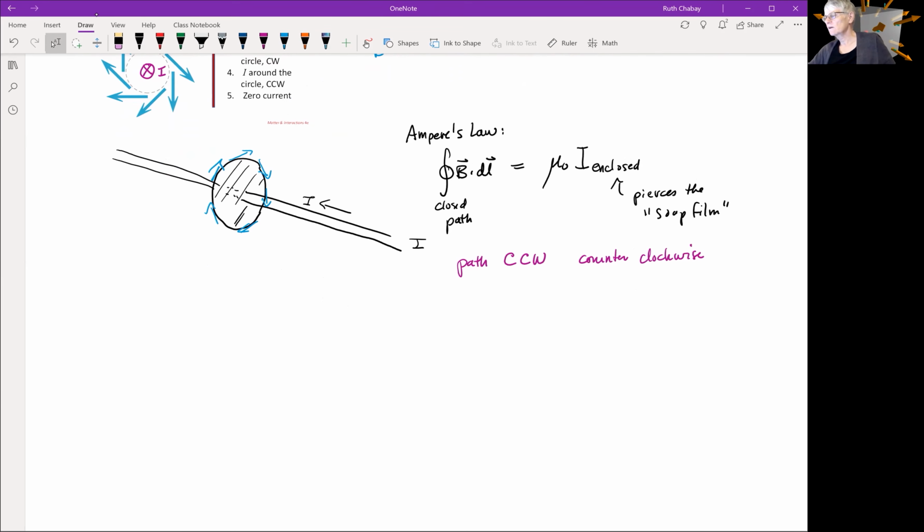So if we look down here along the direction of conventional current, and in this drawing we take our dLs going this way, if we take the path counterclockwise, then if the integral of B dot dl is greater than 0, so that means I is, oops, that was clockwise, sorry, counterclockwise. So we want to go counterclockwise.